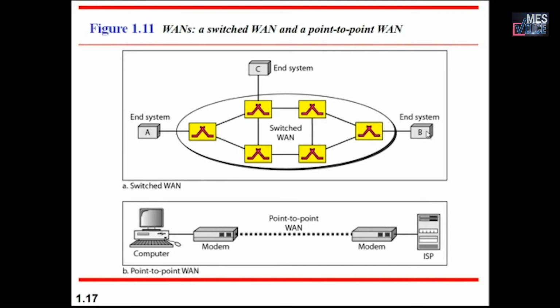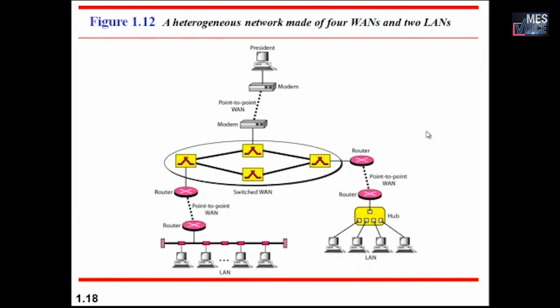Whereas in point-to-point connections, there is an exclusive connection between your system and the internet service provider. So basically, a heterogeneous network is made of multiple WANs and LANs. Internet is a classic example of one such heterogeneous network.